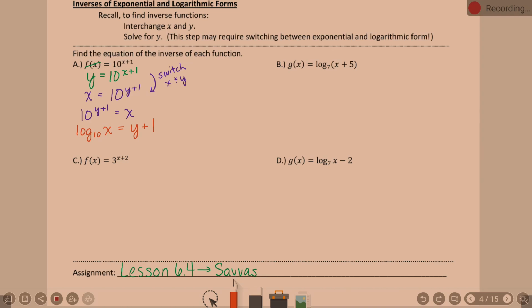And what did we do to get to this step? Left, right, middle. Okay? Now, easy step to finish. How do I get y by itself? Subtract 1 over. If it's y plus 1, good. We're going to subtract 1. If we subtract 1 on one side, we subtract 1 on the other side.